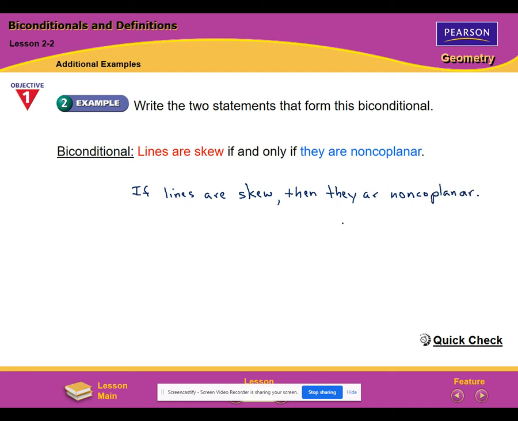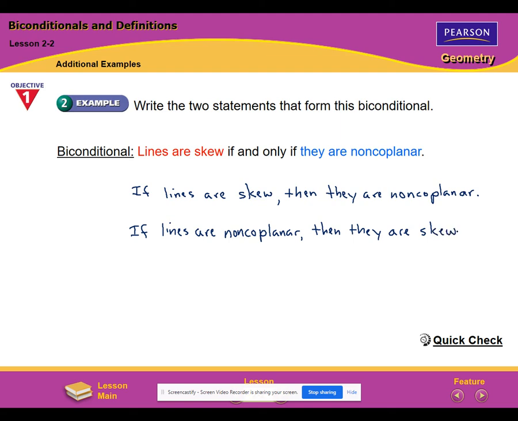But because that used the phrase if and only if in the middle, you could just the same say, if lines, and again, identifying the lines first is good. I forgot my E on R. If lines are non-coplanar, then they are skew.